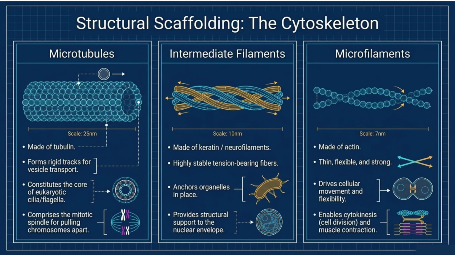Intermediate filaments, around 10 nanometers, like keratin, provide stable tension-bearing support, anchor organelles, and support the nuclear envelope. Finally, microfilaments, the thinnest at 7 nanometers and composed of actin, are responsible for cell movement, cytokinesis, and muscle contraction.